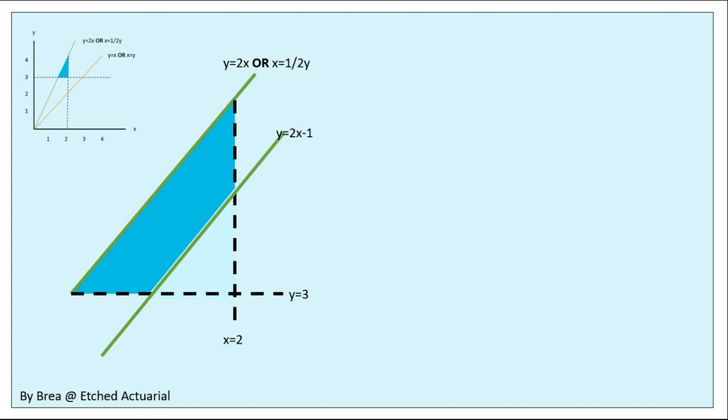So when that happens, we cannot integrate this shape using dy dx. Also, if we put horizontal lines here, we'd have the same situation because some of the endpoints on the right-hand side would be touching the line y equals 2, and others would be touching the line y equals 2x minus 1.